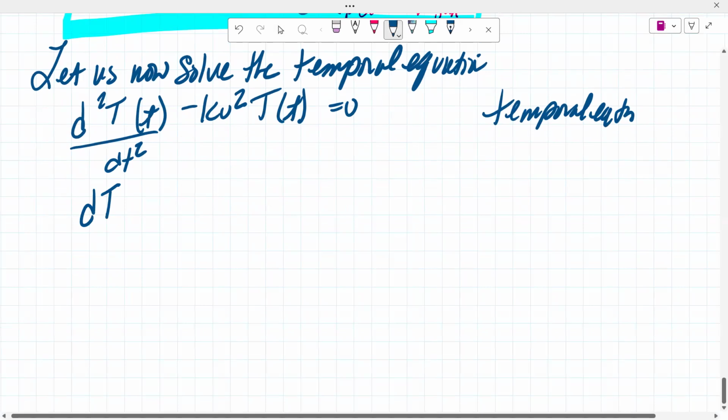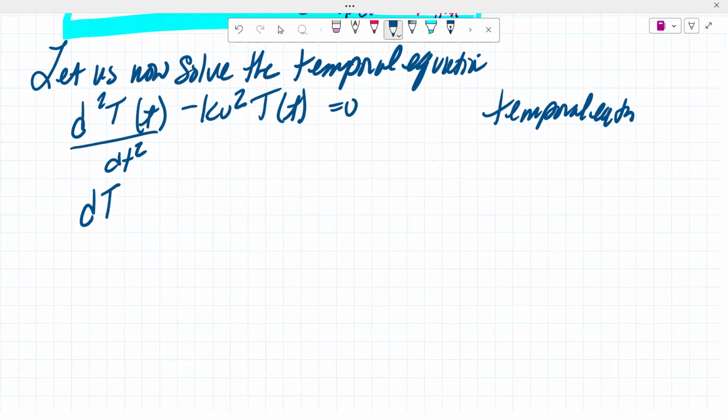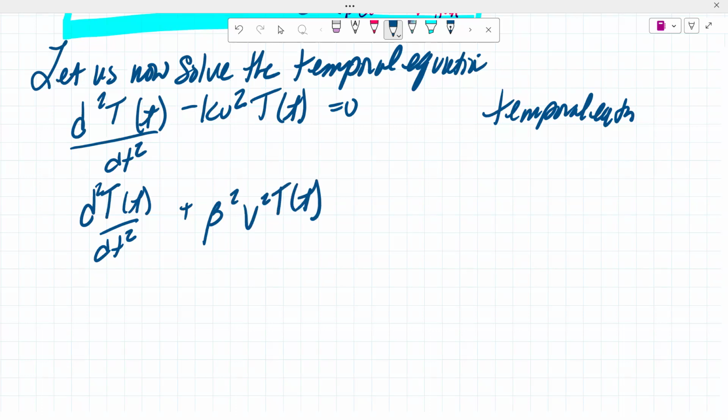d squared T of t over dt squared plus beta squared v squared T of t equals 0. This is let k, the same trick we played before, equal negative beta squared, just as we did for the positional one.